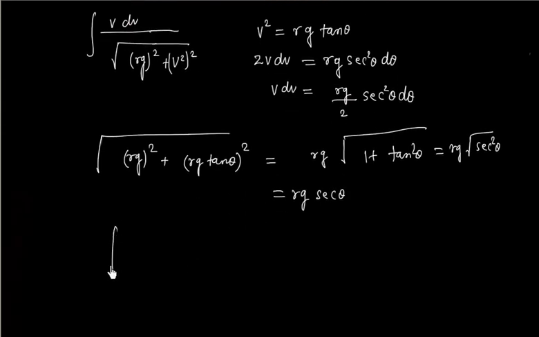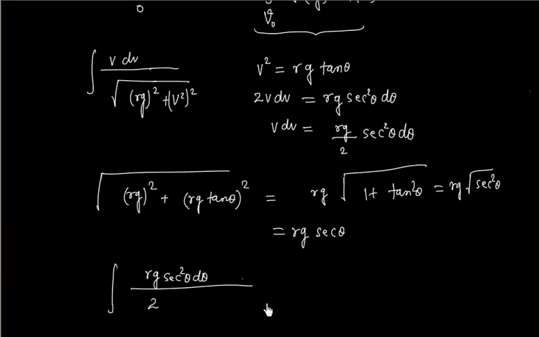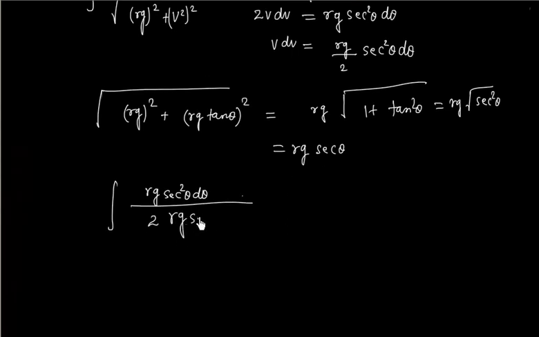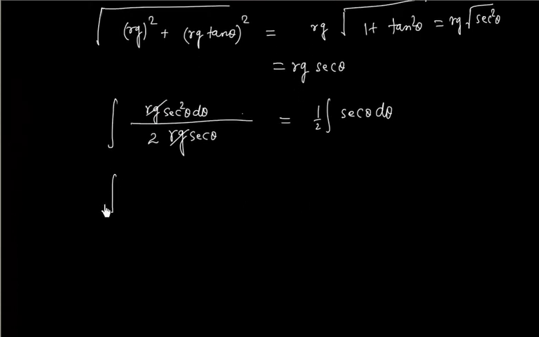So my integration becomes v dv, which is rg sec square theta d theta by 2, and this root is rg sec theta. Rg cancels, sec theta also cancels, so we will have sec theta d theta. Now let us multiply by sec theta plus tan theta in the numerator and in the denominator.